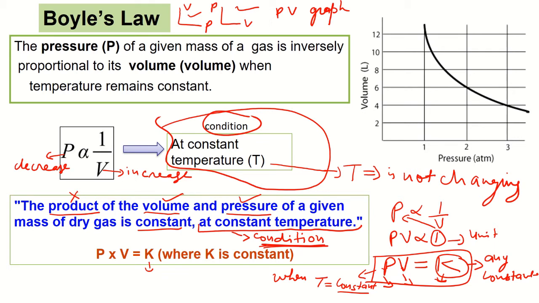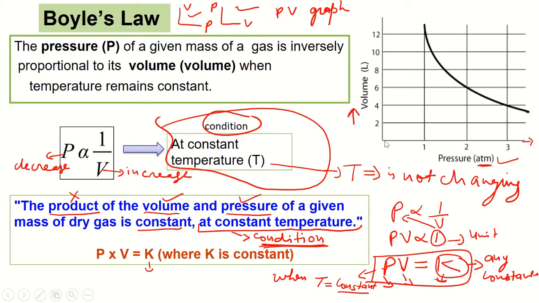Now on the x-axis, the pressure is taken in the unit of atmosphere, and on the y-axis the volume is taken in the unit of liter. By using this graph we will come to know how the two parameters are changing.